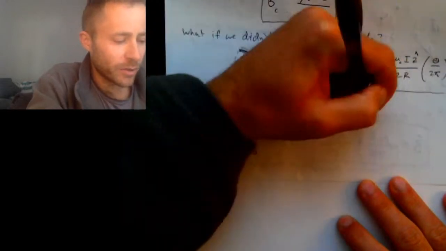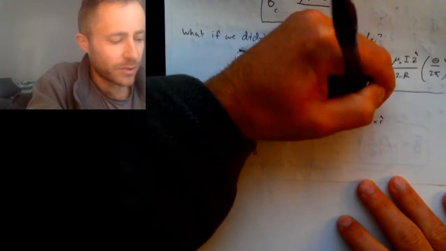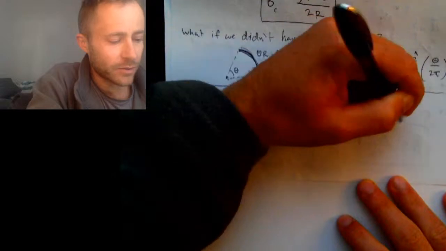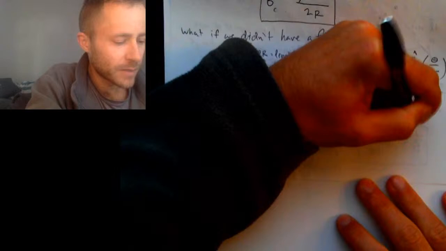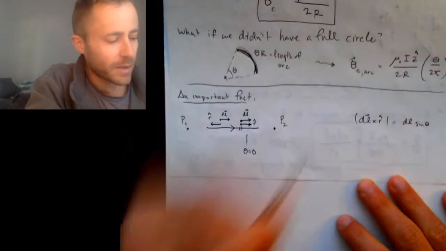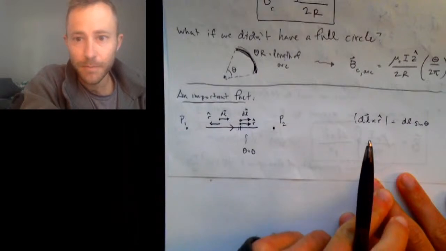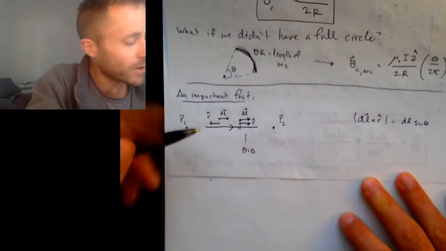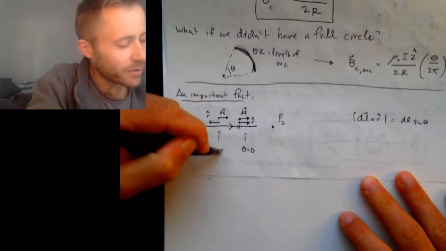When I say theta equals 0, remember that the magnitude of dL cross r hat is the magnitude of the first times the magnitude of the second times sine of theta. The sine of 0 degrees is 0. Here we have theta equals 180 degrees.